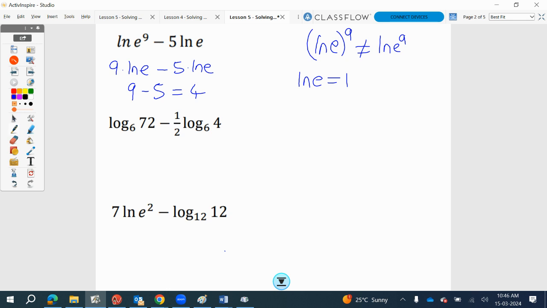For the second one, I'm going to rearrange using, firstly, the power rule. So I'm going to rearrange it to the square root of 4 like this, using the power rule. Then I'm going to use the quotient rule for logarithms.